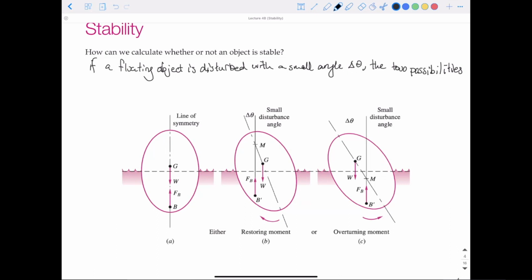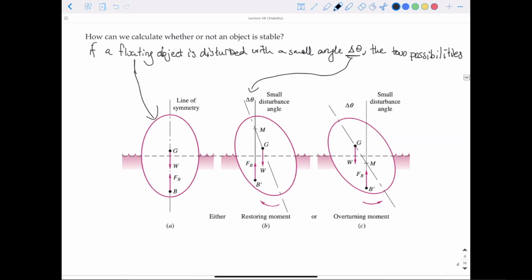So this is our floating object right here. It's disturbed some small angle delta theta. There's two cases we could have.